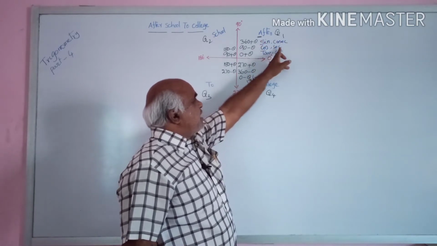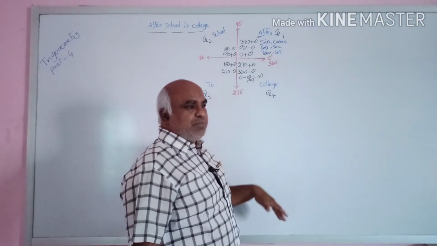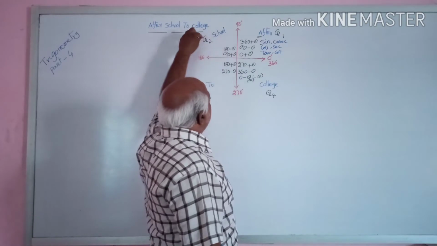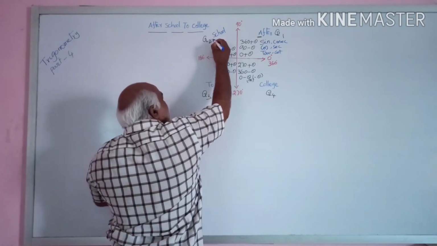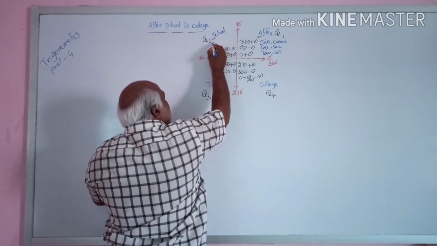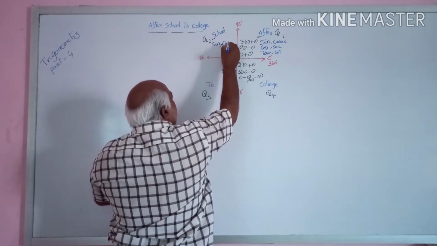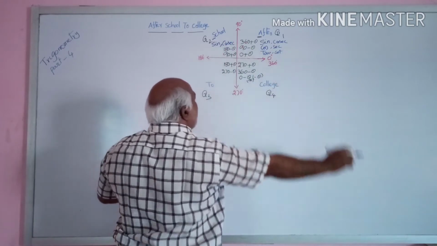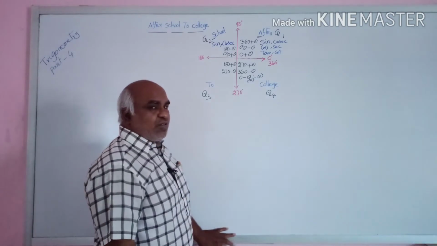For cos, secant is the reciprocal. For tan, cot is the reciprocal. That you have to remember. S is for sine. What is the reciprocal of sine? Cosecant. These two ratios are in the second quadrant.